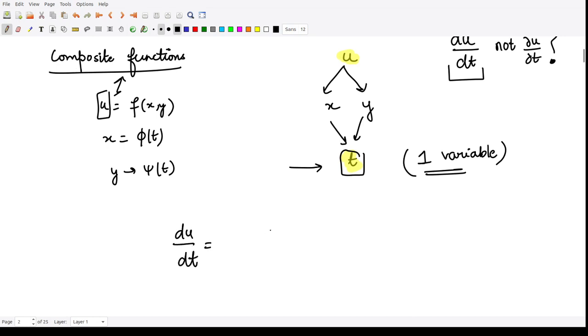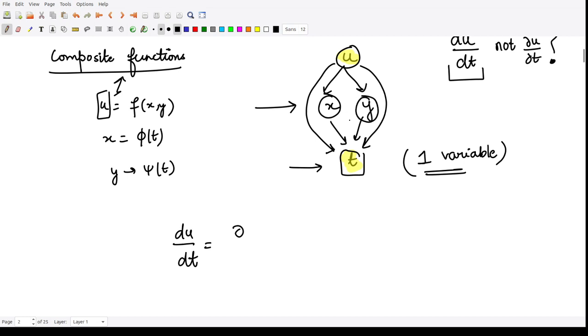For that you would have to look at how many ways there are in which you could reach from u to the point t. So there are two ways. One is this way, or there is this way. Firstly, you'll take the derivative of u with respect to x. Now this would be a partial derivative. Why? Because at this particular level, there are two variables, x and y.